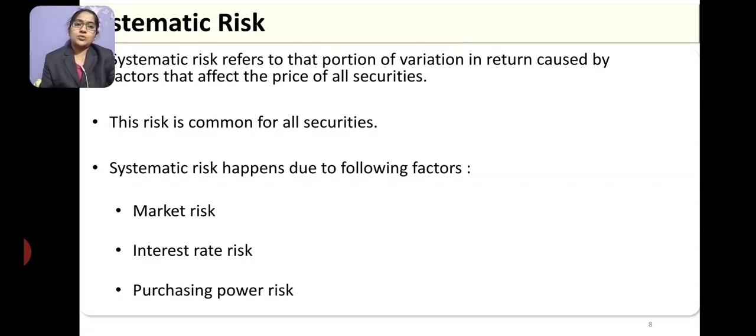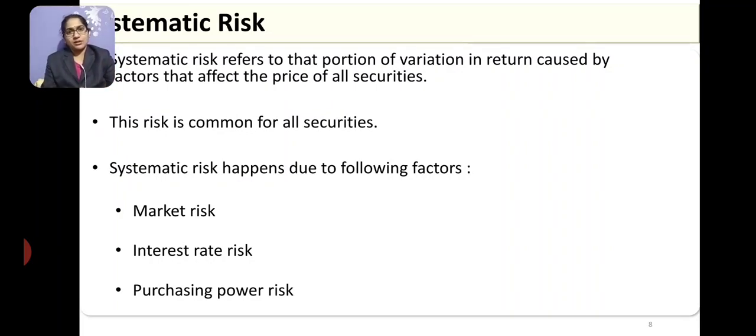Systematic risk refers to that portion of variation in return caused by factors that affect the price of all securities. That means this is a risk which is common for every investment avenue, whether I am investing in company A or company B, or industry A or industry B, or investment avenue A or B, anything, this risk is always there. That is called as systematic risk.